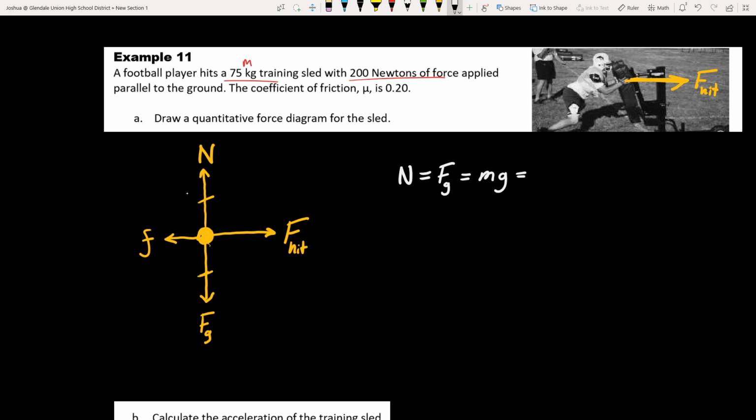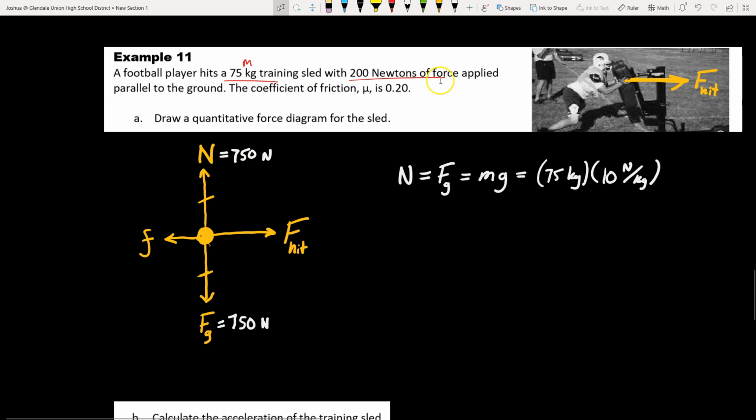Well, mass is 75 kilograms. And on Earth, g is 10. And usually instead of meters per second squared, we write that newtons per kilogram. Okay, but 75 times 10 gives us 750. So that means the normal force is equal to 750 newtons. And the force of gravity is also equal to 750 newtons.